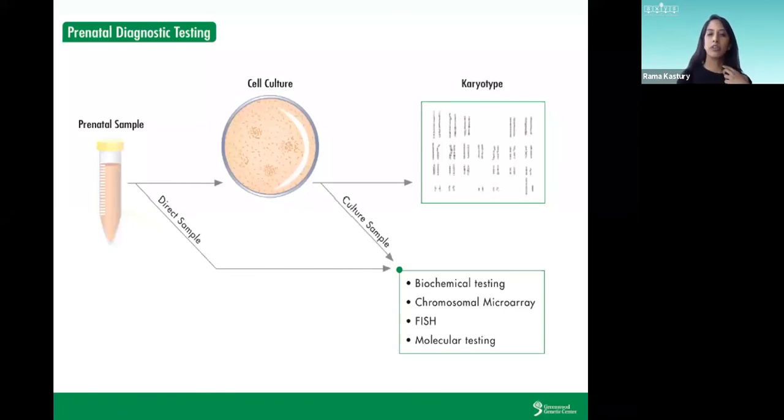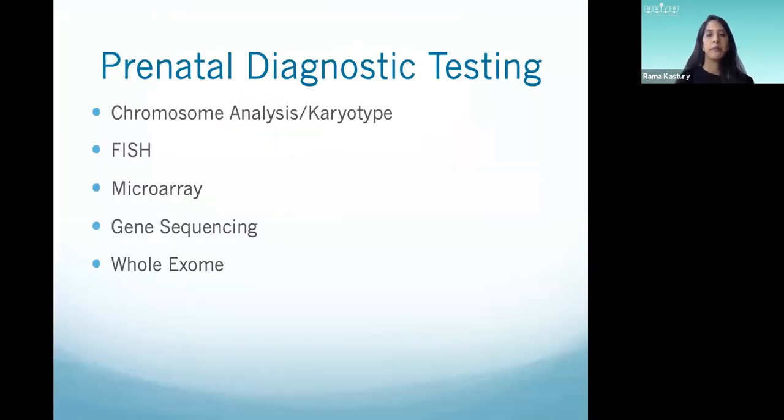The reason we grow the cells is that for one test, the karyotype or chromosomal analysis, we need the cells to be in a specific phase of their life cycle. So we let them grow a little bit in order to achieve that.